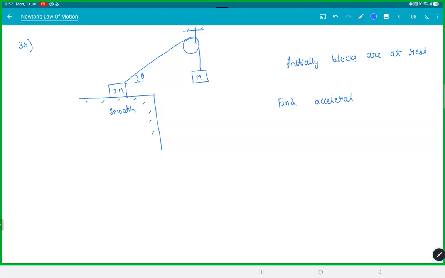Find the acceleration of the blocks at the instant when they're released.